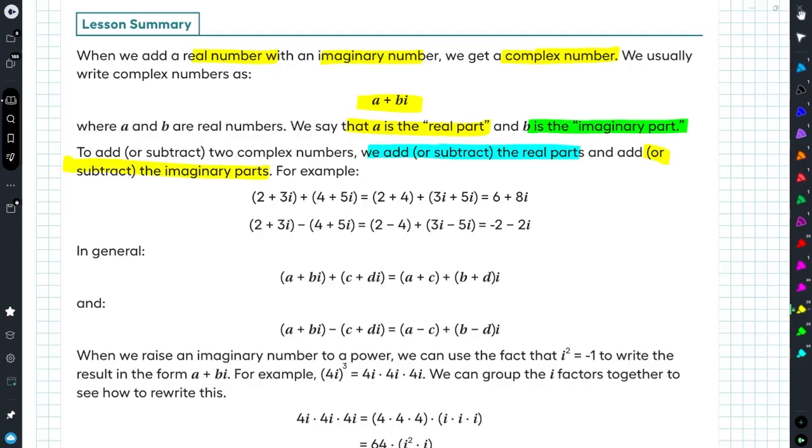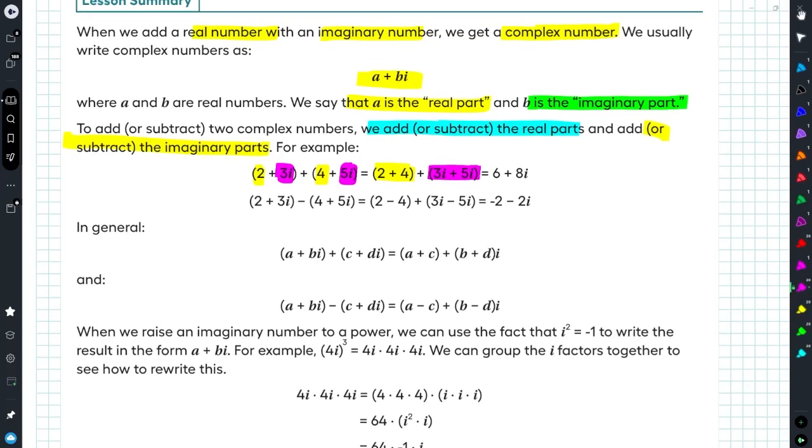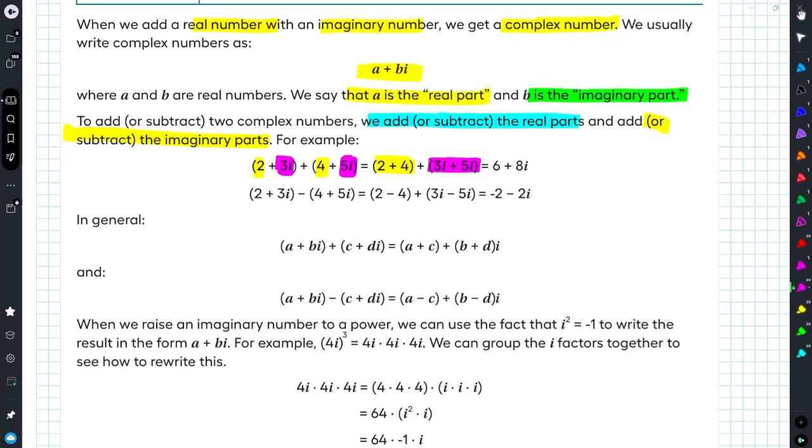You can see in this example, we added 2 and 4, and we added 3i and 5i. When you subtract, you have to remember to change it to adding the opposite, or distributing the negative sign.